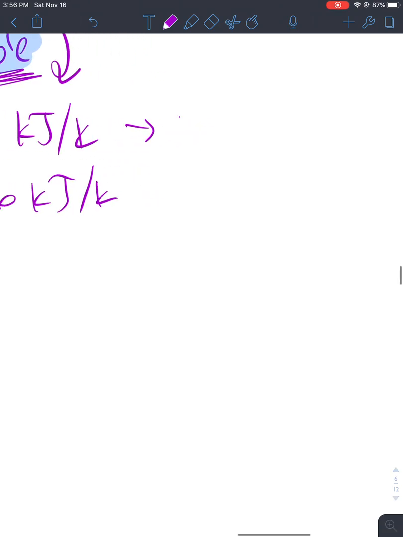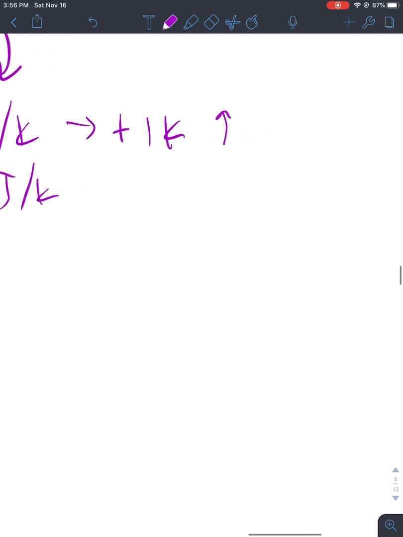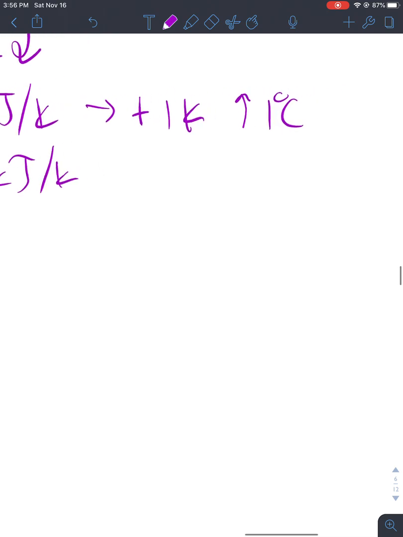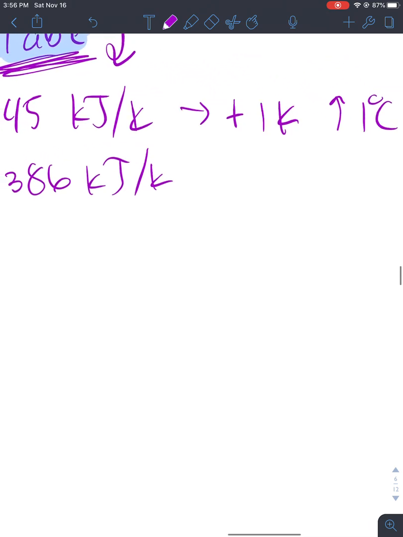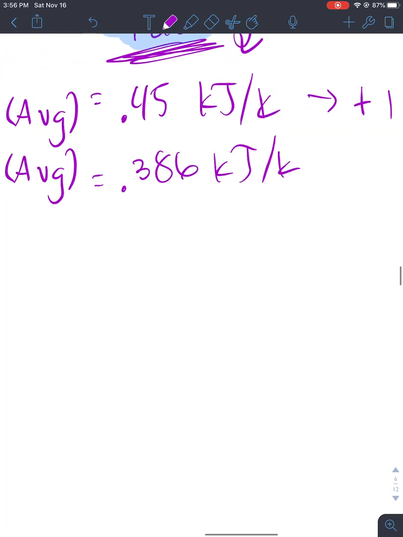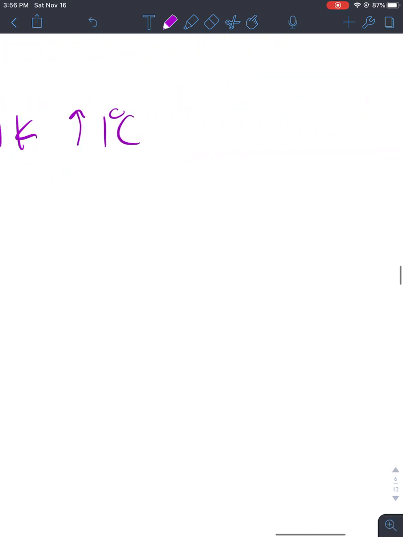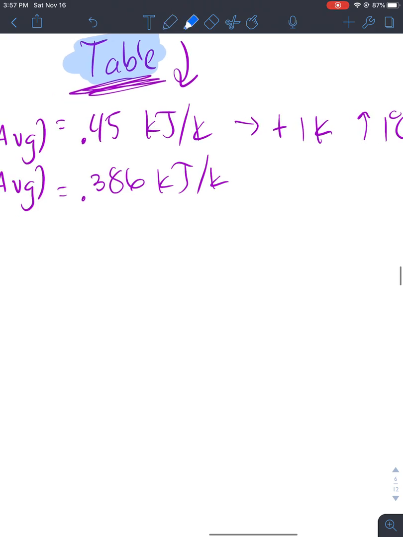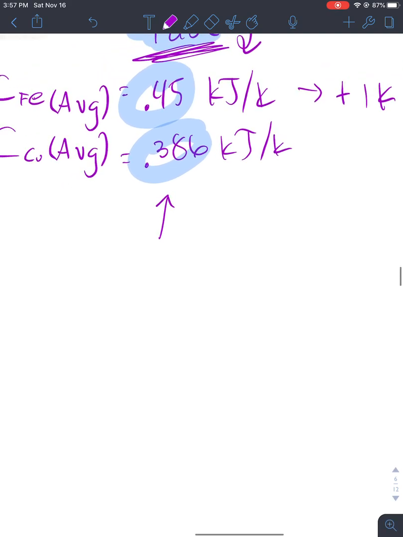So for every change in 1 Kelvin, or as the temperature goes up by either 1 Kelvin or 1 Celsius, then the amount of kilojoules, if there's an increase in entropy, S goes up according to this value, which is dependent on the atomic structure, along with probably other factors determined through solid state physics. Otherwise, you just measure it in a lab.